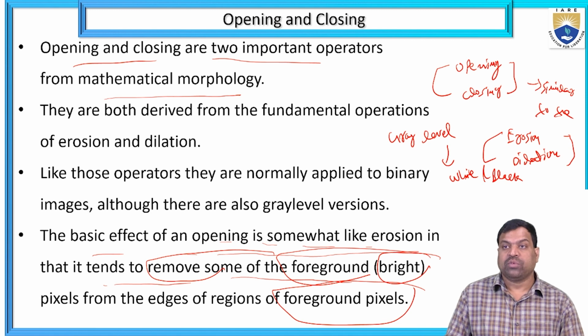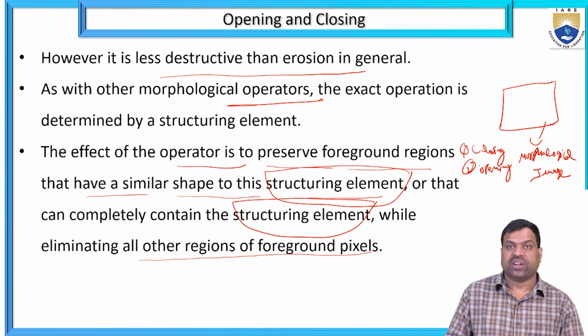When I go for the gray level, white and black are applied. The basic effect of opening is somewhat like erosion, in that it tends to remove some of the foreground bright pixels from the edges of regions of foreground pixels. However, it is less destructive than erosion in general.